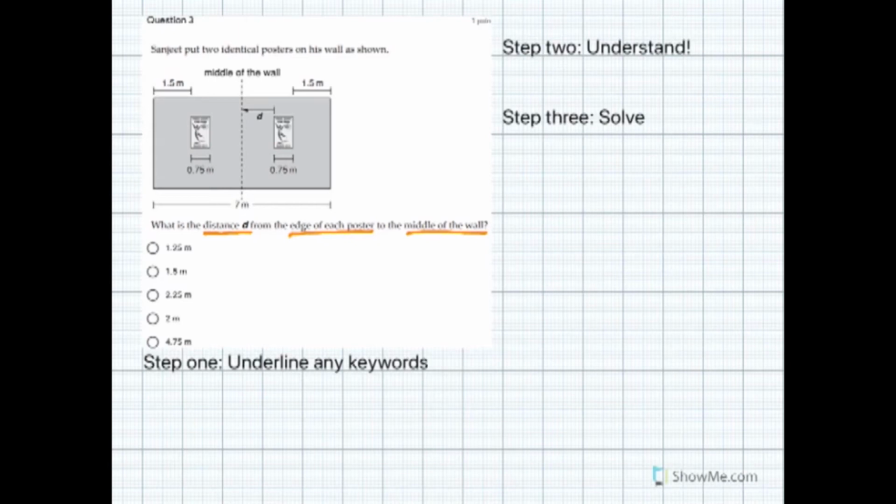Step 3 is to solve. There are several different ways to solve for D. One way is to work out half the length of one side of the wall by dividing 7 by 2. So we can see that the right-hand side of the wall is equal to 3.5 metres.